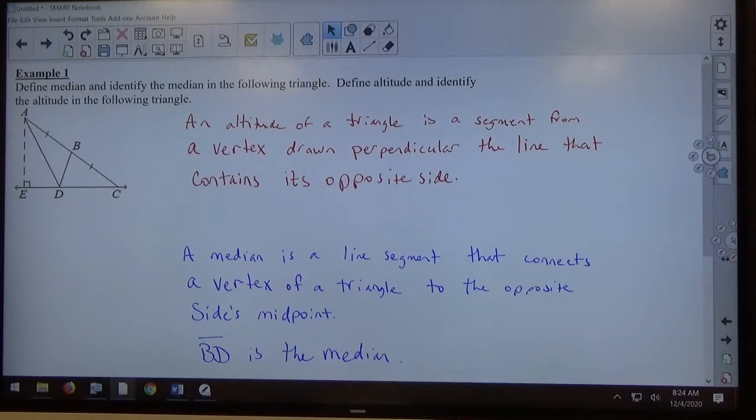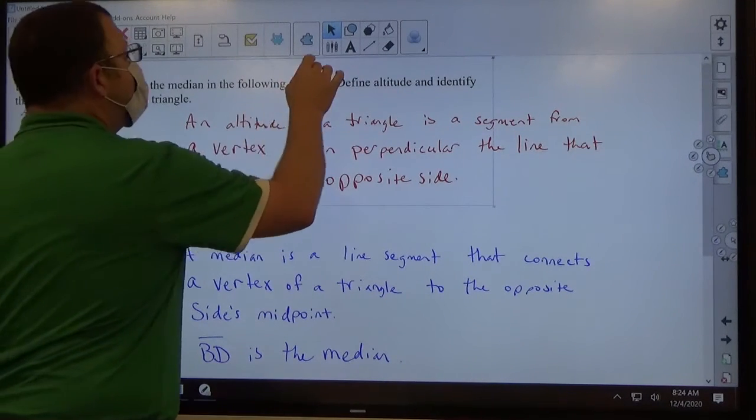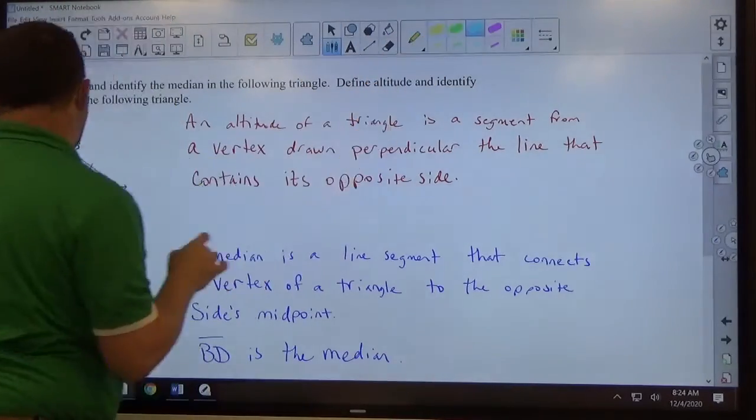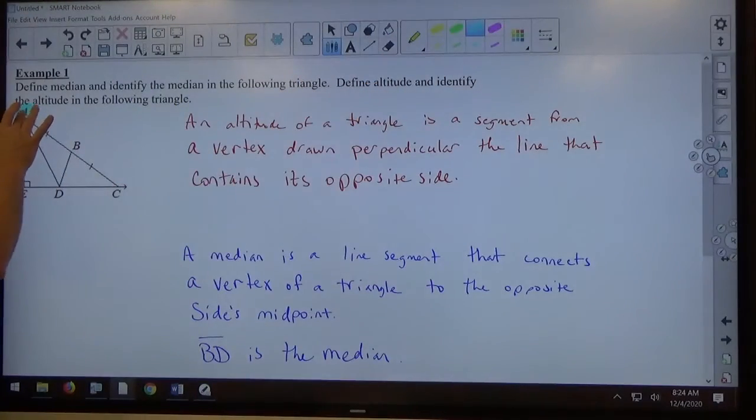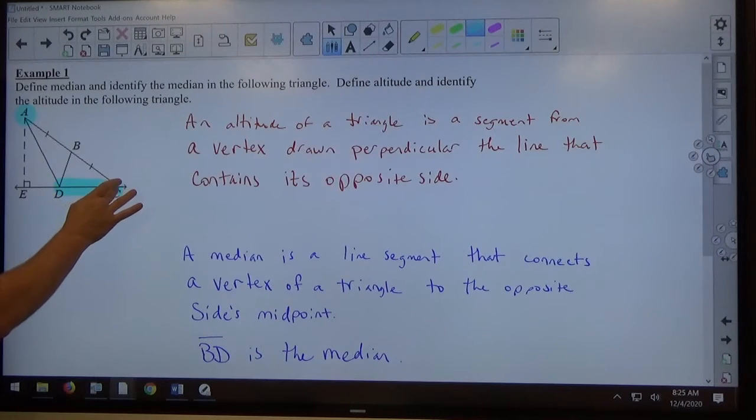we're going to look at it, that the altitude isn't always inside the triangle, okay? And if it were always inside the triangle, we could very easily say that it's perpendicular to the opposite side. Well, the opposite side to A is DC. If you take a look here, here's vertex A, here's the opposite side DC.